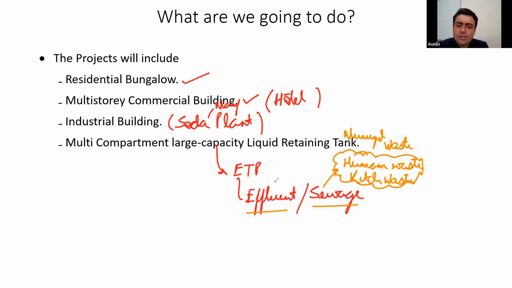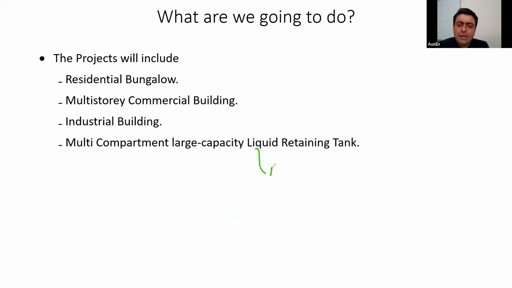That is the municipal waste called sewage. And what is effluent? So effluent basically stands for the industrial waste. Waste water coming out of an industry is called effluent. So we would be doing this ETP, effluent treatment plant design, as our fourth project.